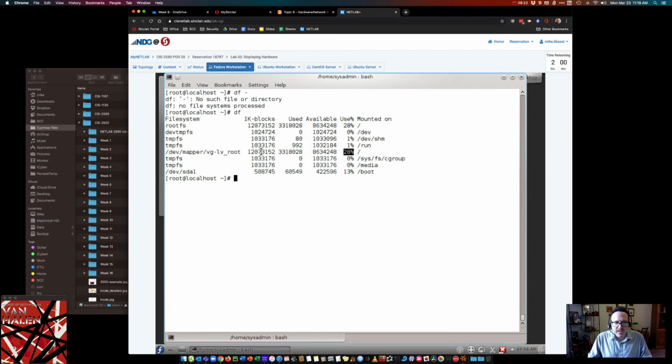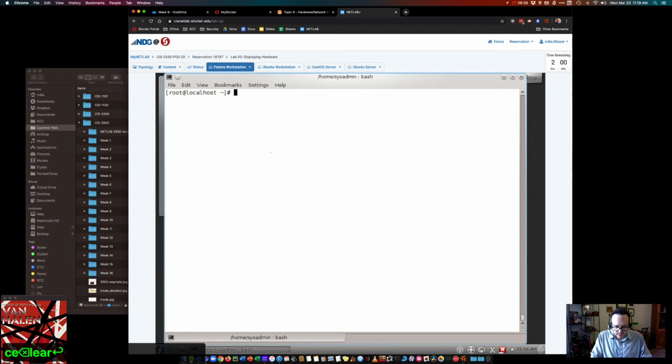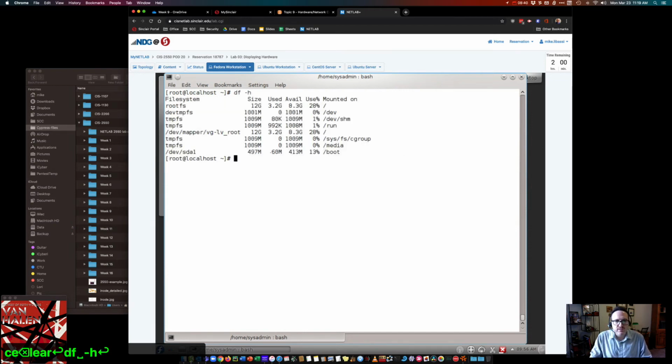Now, if you want the actual usage over percent, the actual kilobytes, megabytes, or gigabytes used, you get 1K blocks here, which you have to go into and put in the commas, and that's too much work. So df -h gives us human readable. The -h gives us human readable, which I guess we can see 12 gig with 3.2 gig used. Much easier to look at and easier to read.